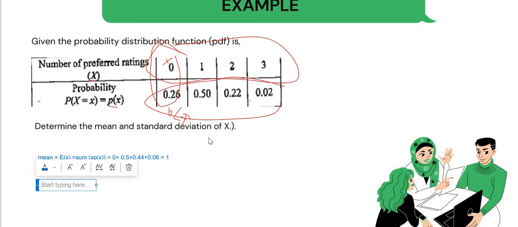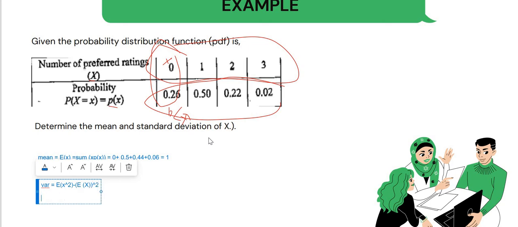Okay, the symbol for variance is sigma squared, equals E of X power 2, minus E of X, all of this power 2.